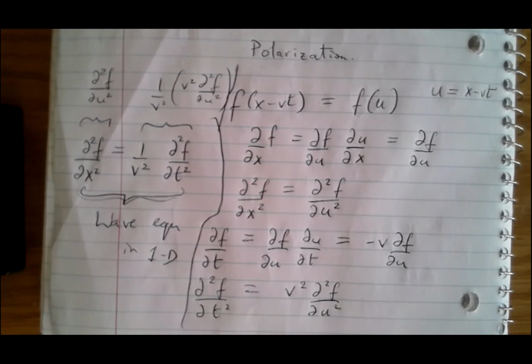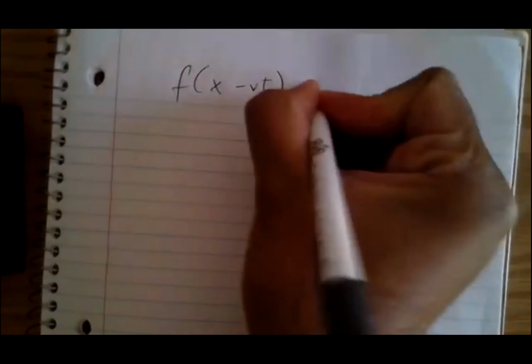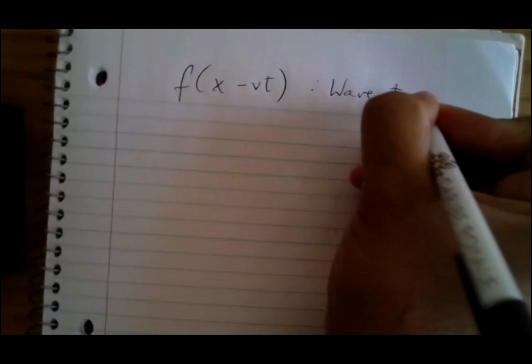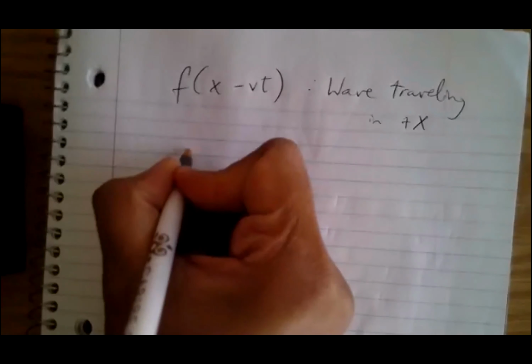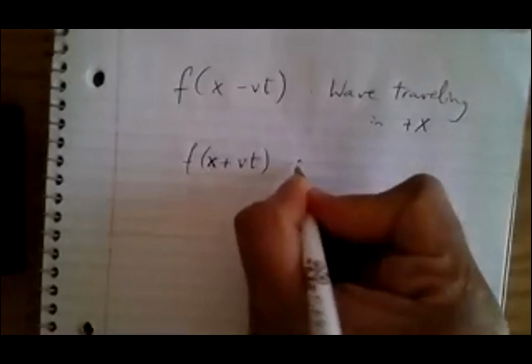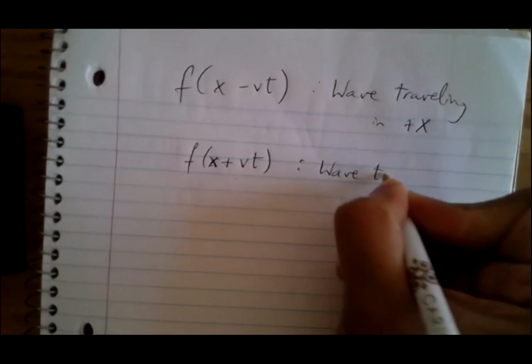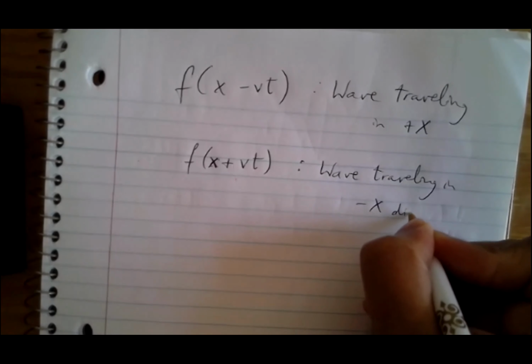Okay, so if x minus vt is a wave traveling in the positive x direction, then you can guess, and you would guess rightly, that x plus vt will be a wave traveling in the negative x direction.